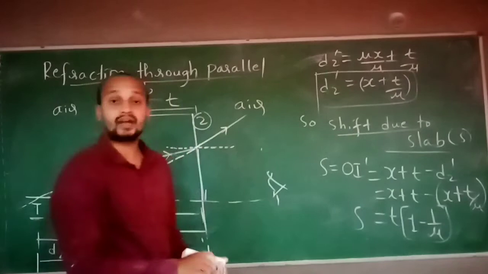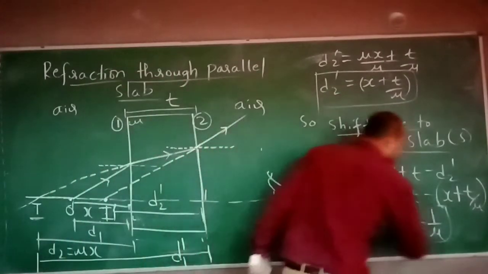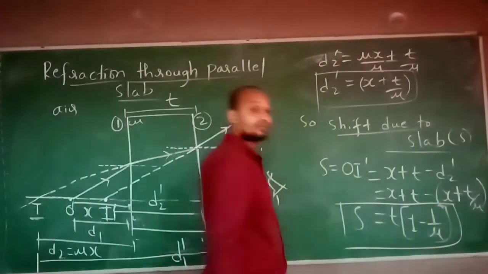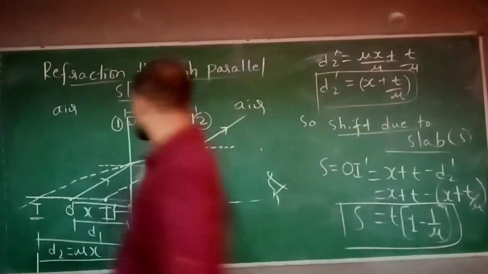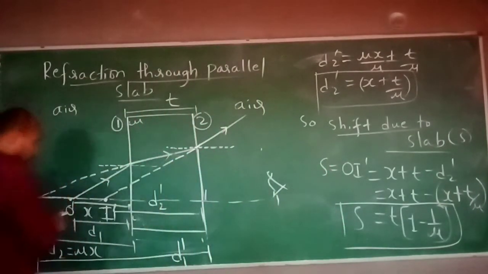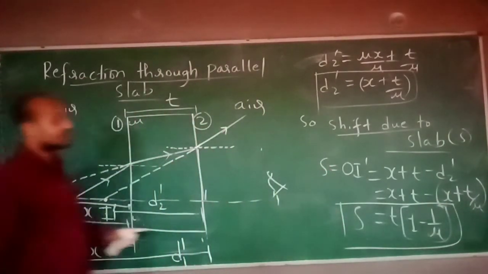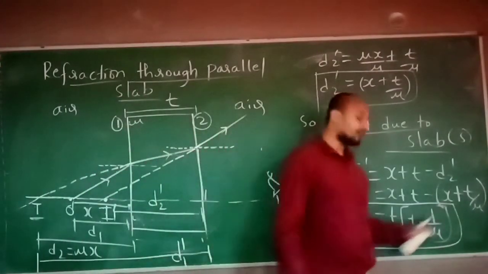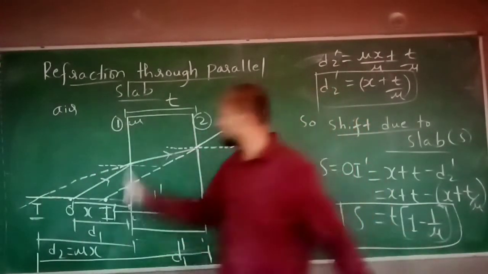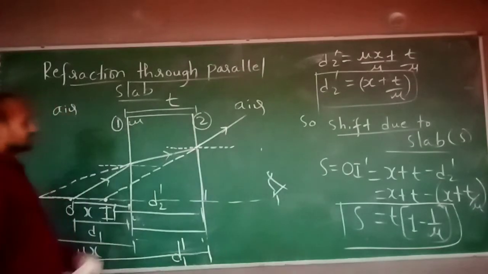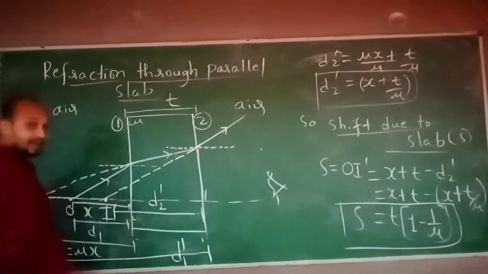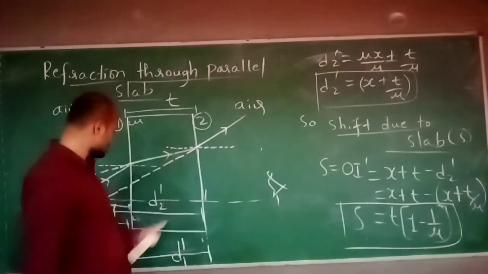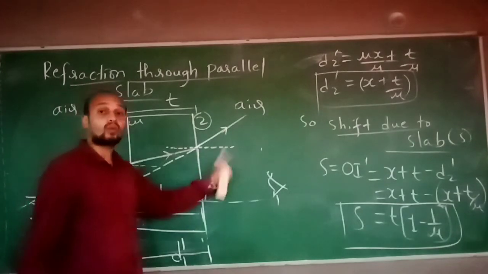This is very important. It is the same as the formula for the normal shift you got. So the shift which is happening from point O to I dash is T into 1 minus 1 by mu, where mu is the refractive index of the glass with respect to the observer medium.